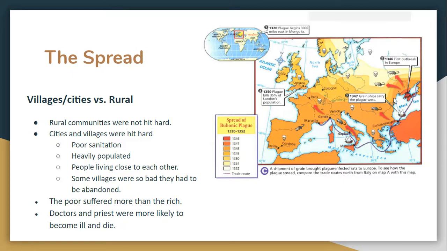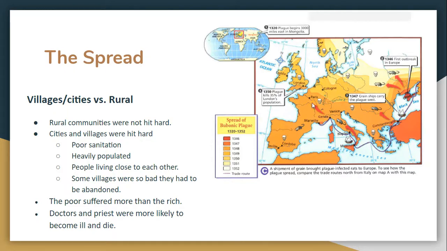And then if you look here, there's a little bit less bright orange, and that's 1347. And then if we look here, this is 1348, and it just continued to spread. Okay, so by the year 1350, the plague killed 35% of the people in London.